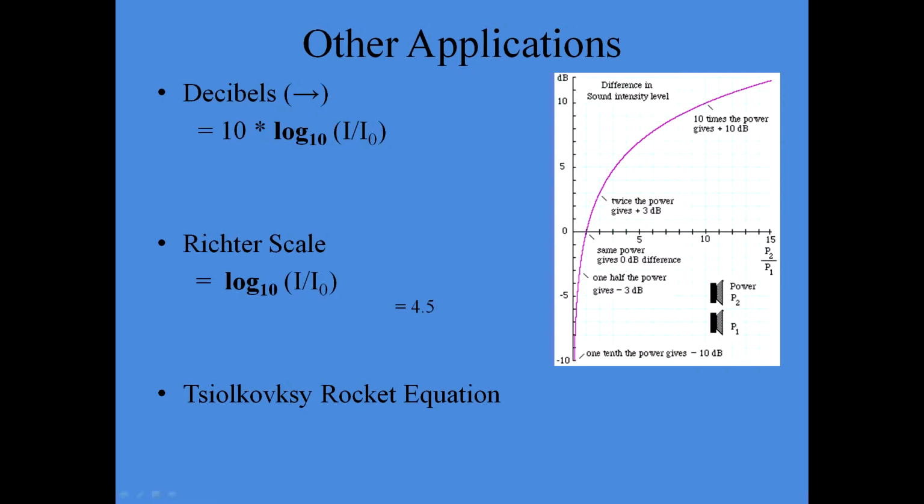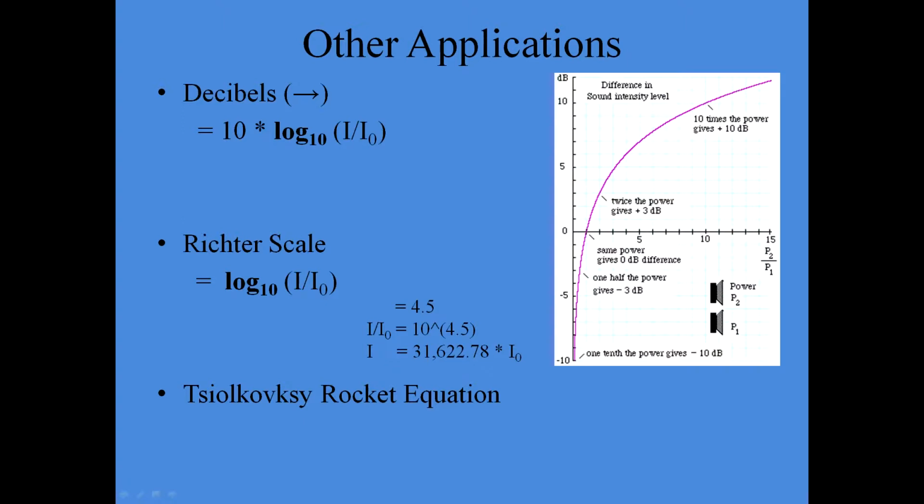It's on the lower end, but as an example, we would solve for the intensity. To do that, we just raise 10 to each side of the equation. So that ratio I over I naught is equal to 10 to the 4.5, which is really around 31,600, times the threshold intensity.